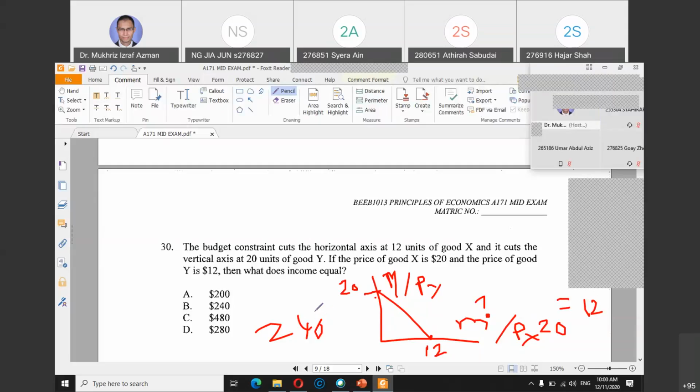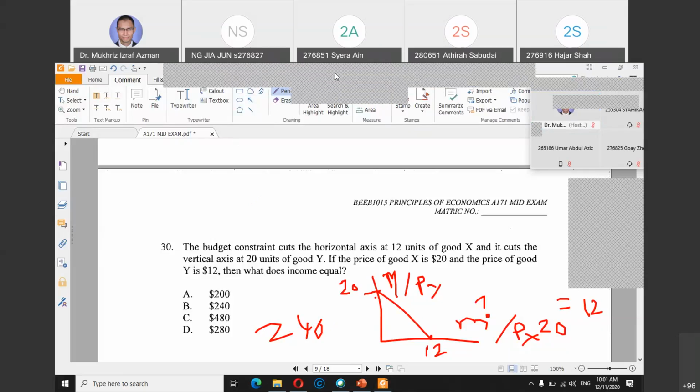Okay. PX times... wait. And what does income over... Give me a few seconds to check.